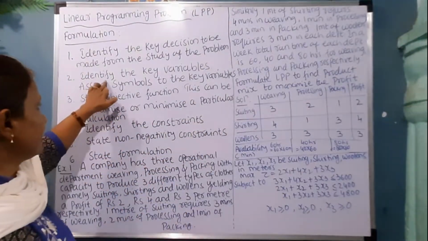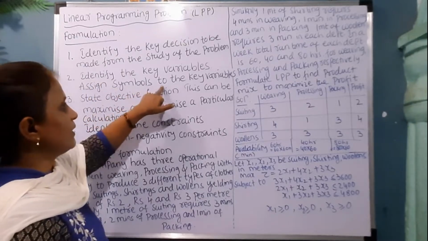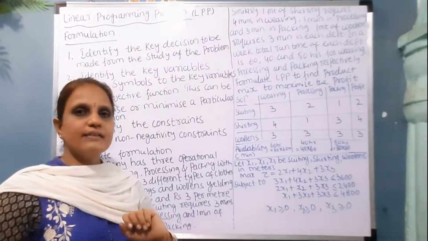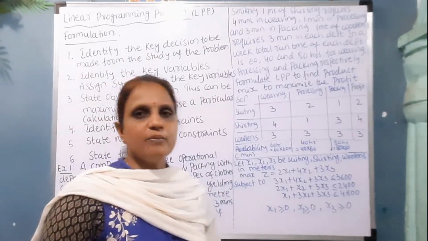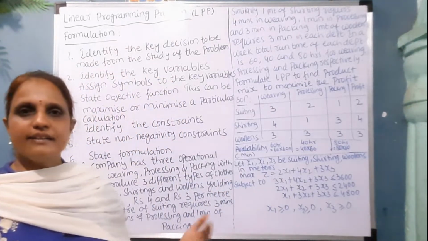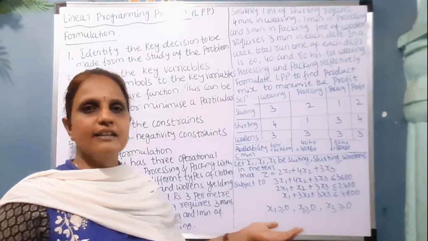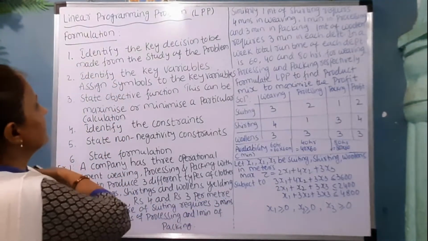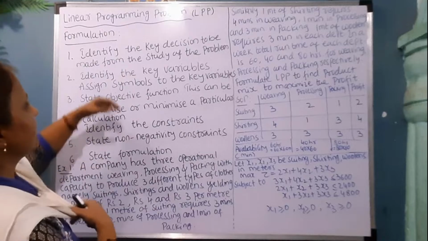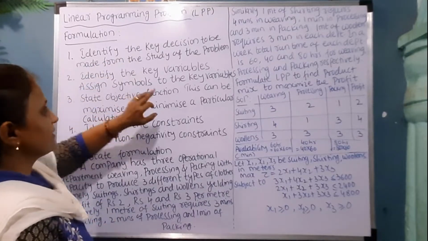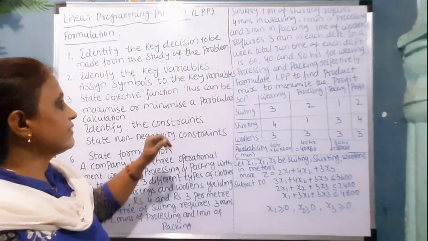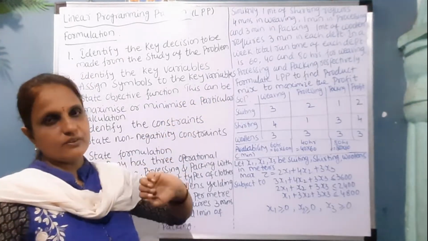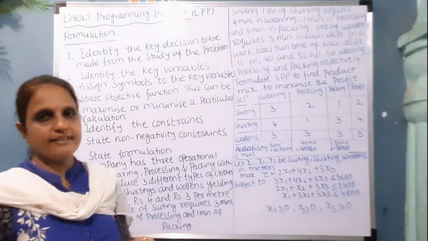First we will identify that and then assign symbols to them. Assigning symbols means, if we have two variables we may take x and y. If we have three variables we may take x1, x2, x3, and so on. Generally, whenever we take any objective function, it is denoted as f of z or z. So x, y or x1, x2, and so on we will consider as decision variables.